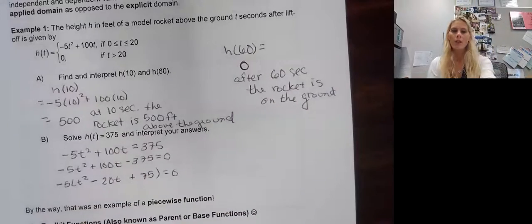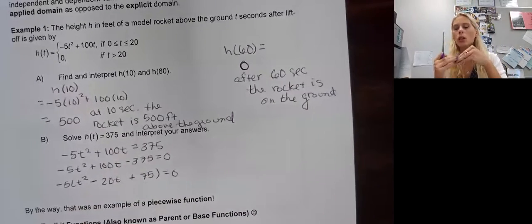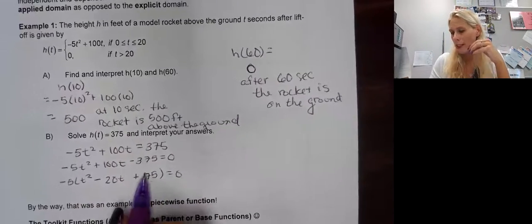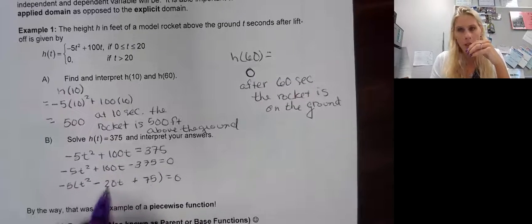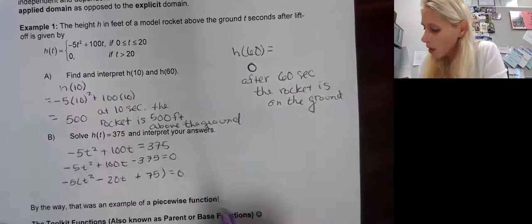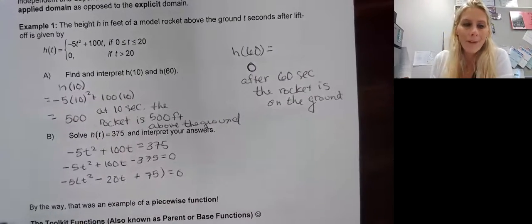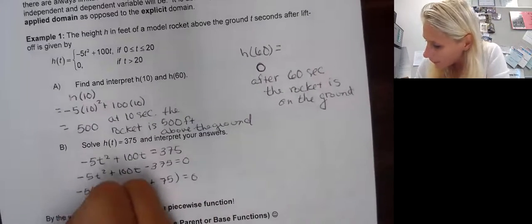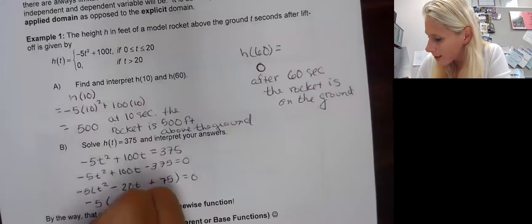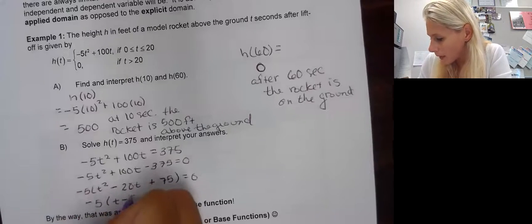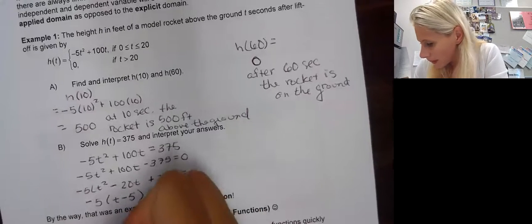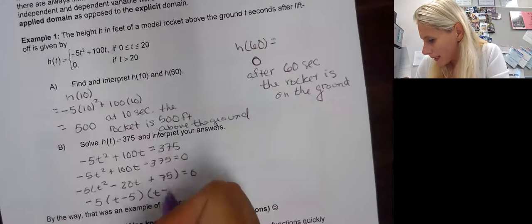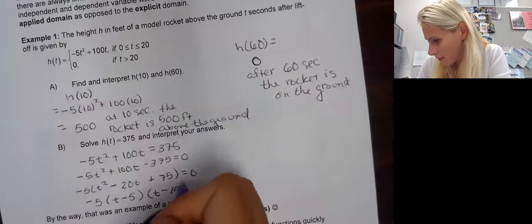Now we have to think about factoring. What two numbers would multiply to give you 75, but add to give you negative 20? Well, that is going to be negative 15 and negative 5. So we get negative 5 times t minus 5 times t minus 15.